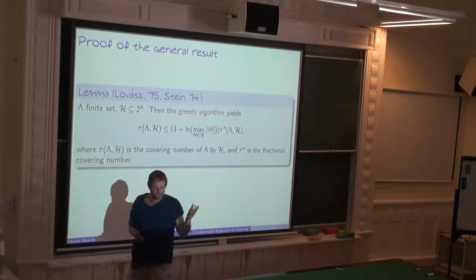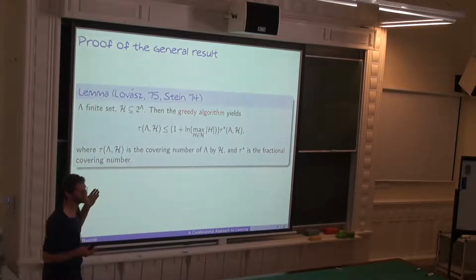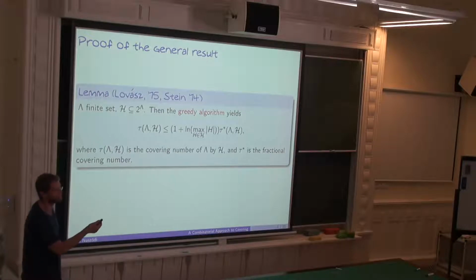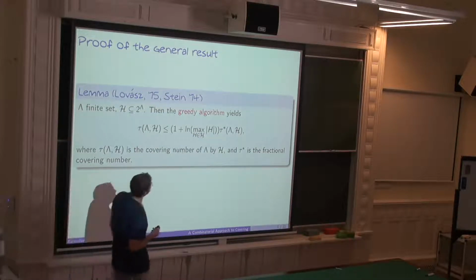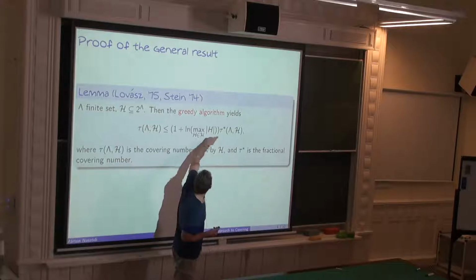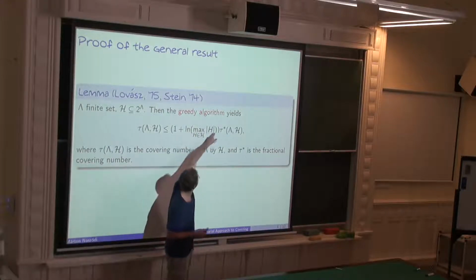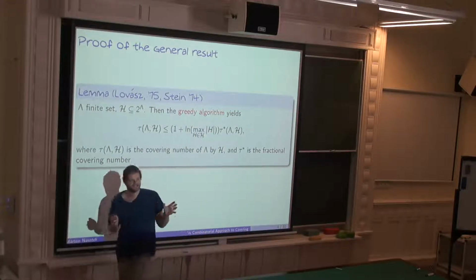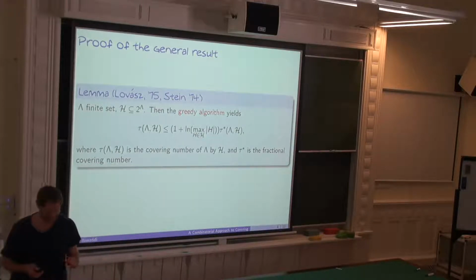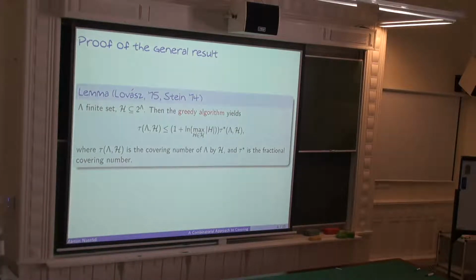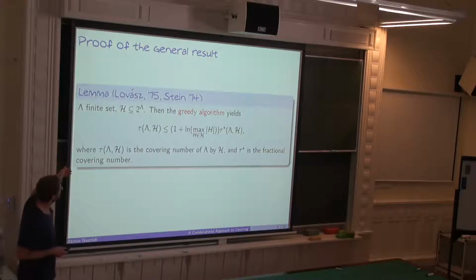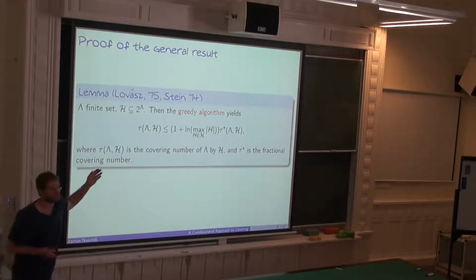The fractional covering number is defined in the obvious way. And this is multiplied essentially by the logarithm of the maximum size of a set in your family. The nice thing about this lemma is that not only does it give this quantitative bound, but it also says that the greedy algorithm yields this bound.